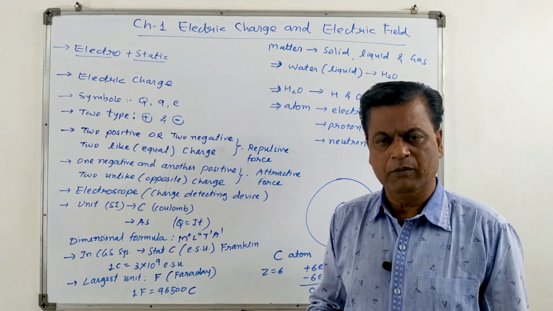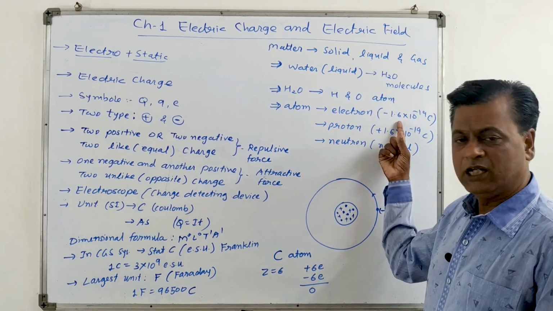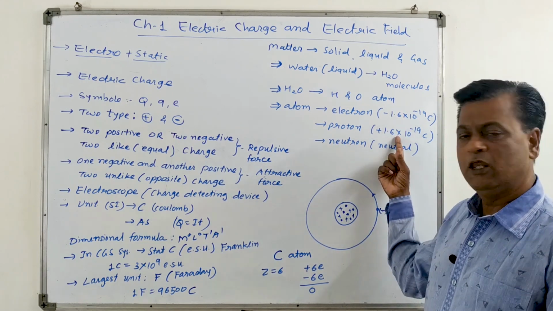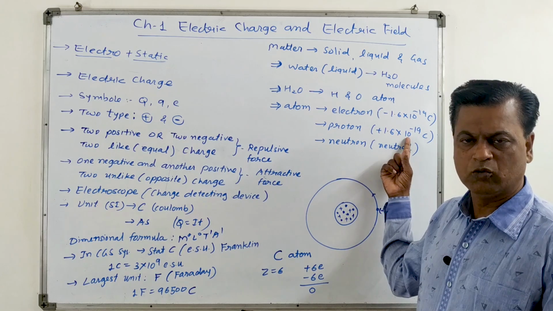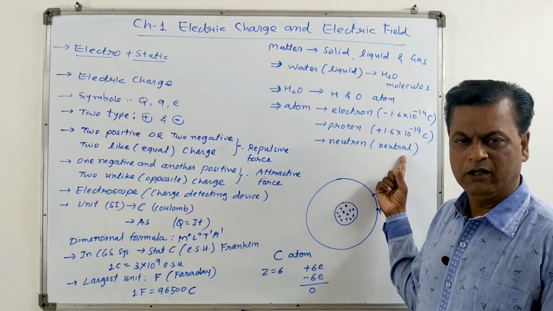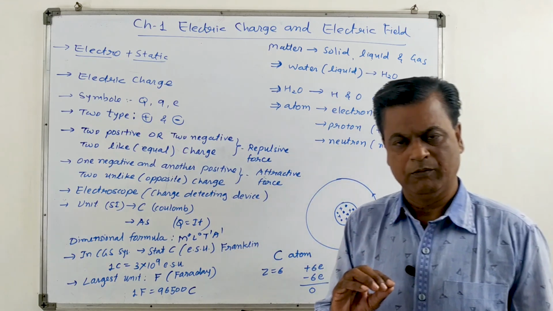Constituent particles of atom are 3: electron, proton and neutron. Electron possesses negative charge, proton possesses positive charge, having same value 1.6 into 10 raised to minus 19 coulomb, and neutron is electrically neutral.